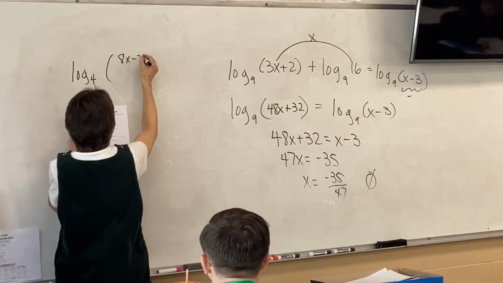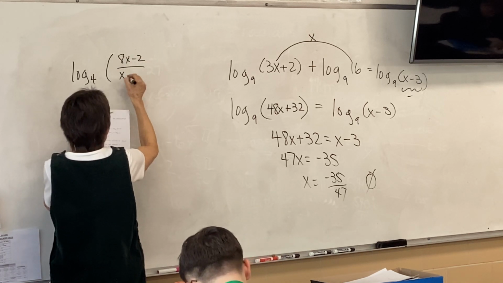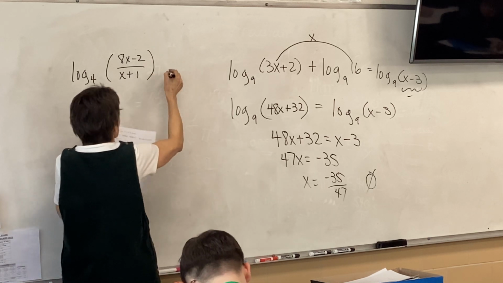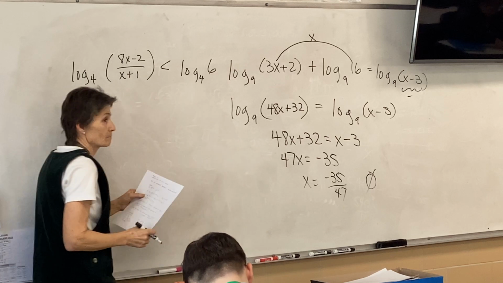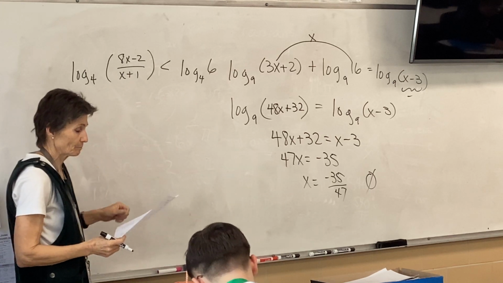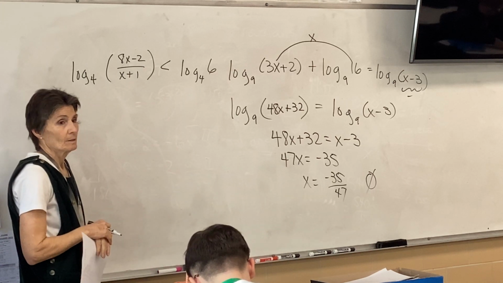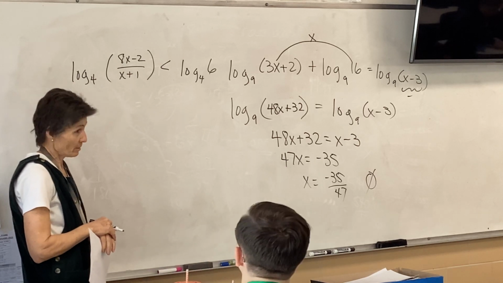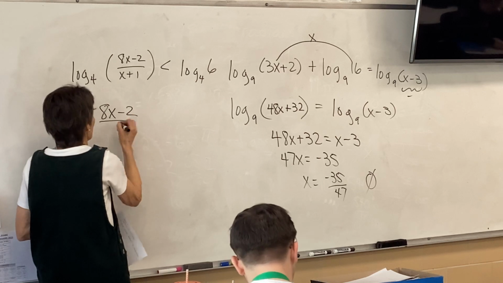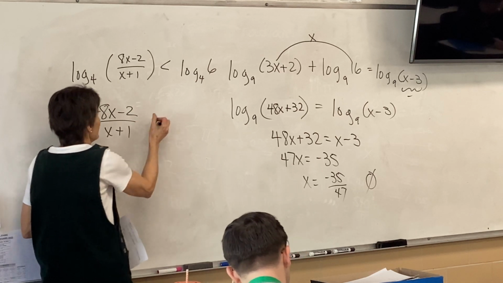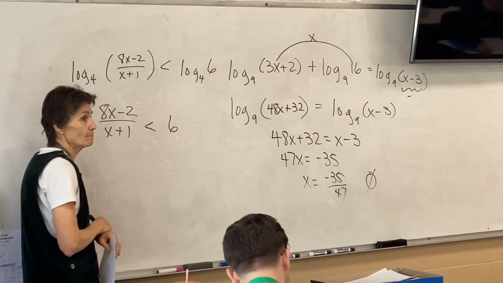So 8x minus 2 over x plus 1 is less than the log base 4 of 6. Okay? Everybody okay? So now I can say 8x minus 2 over x plus 1 is less than 6.